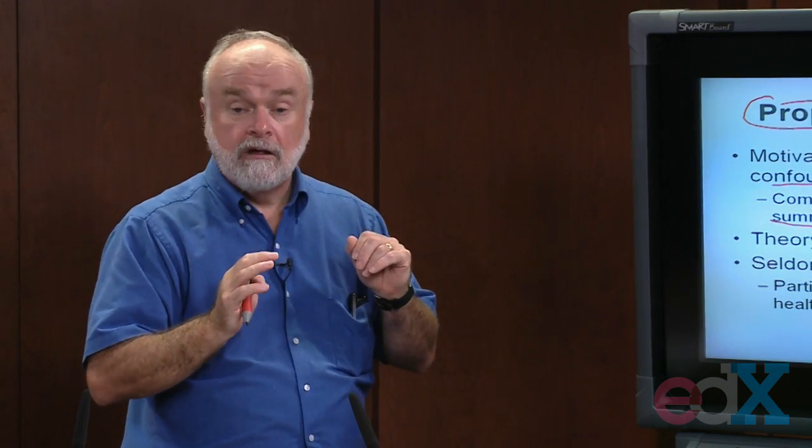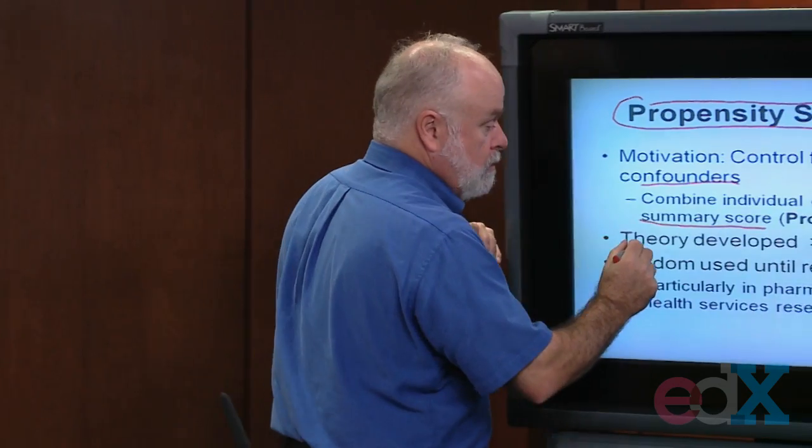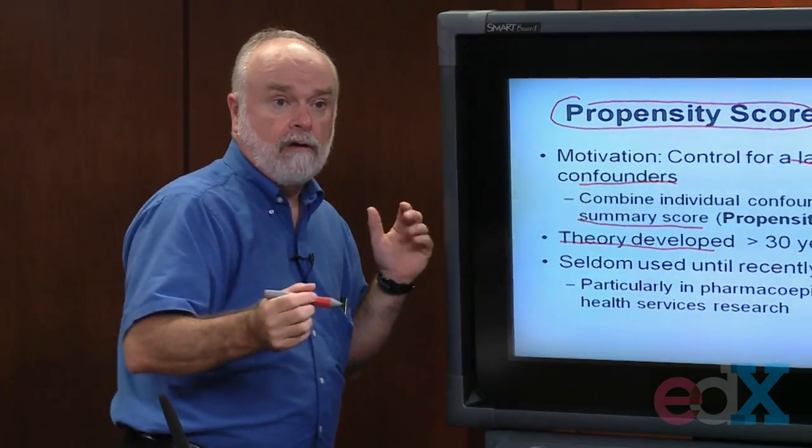Well, first a little bit of history. Propensity scores were developed more than 30 years ago. I remember being a student here at the Harvard School of Public Health, studying for my doctorate, reading these papers that were written by a couple of statisticians from Harvard, from the Department of Statistics, about the theory behind propensity scores and how they might be used to control for multiple confounding factors.